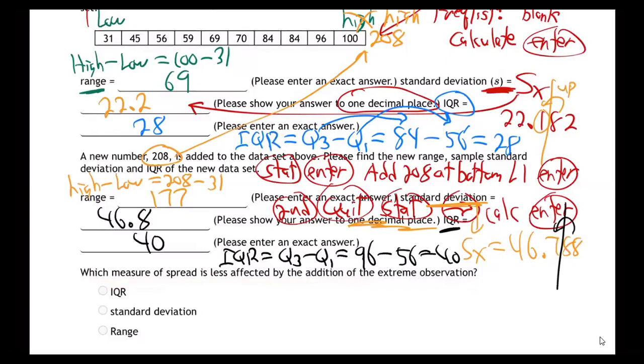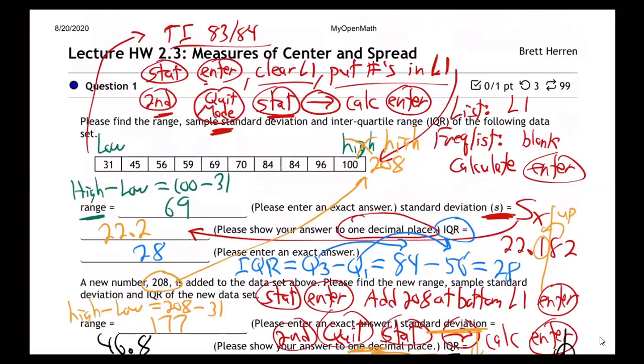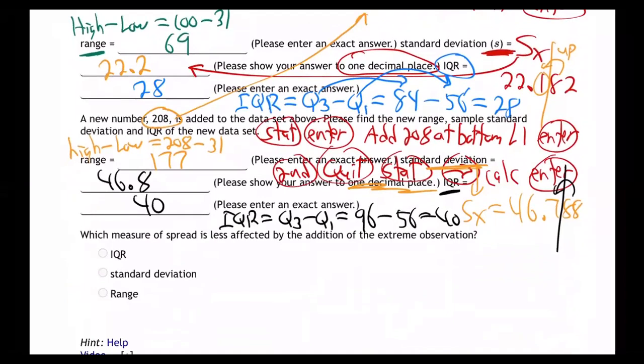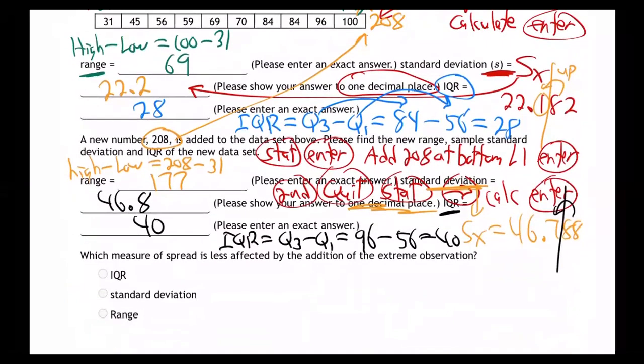Let's go back to what this section is even about here. This is lecture homework 2.3, measures of center and spread. So what we're doing in this section is we're taking a look at what statistical tools allow us to measure the center and the spread, how spread out a group of data is. Well, when we add, what do they mean by the addition of the extreme observation?